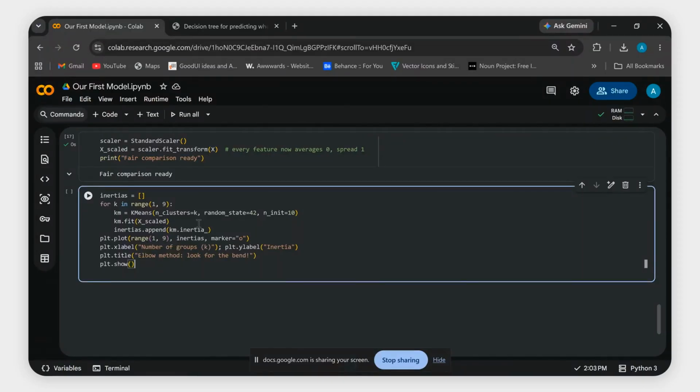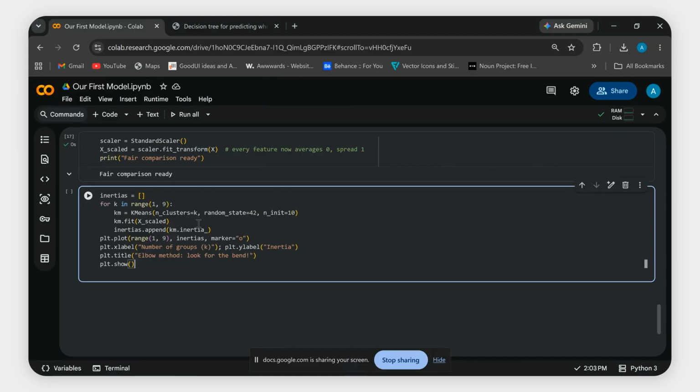A graph will appear, the line will drop steeply at first, then flatten out. Somewhere in that graph, there is a bending point, just like an elbow. You know, when people straighten their elbow, it is straight, it is flattened down. But when they relax it, there are different degrees to an elbow. You can see 45, 60 degrees, 90, in that context.